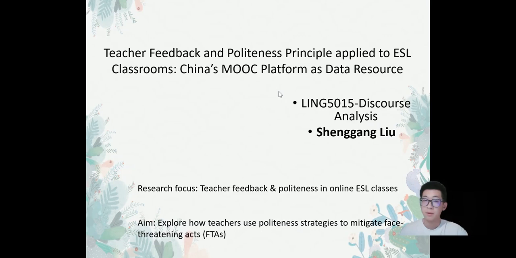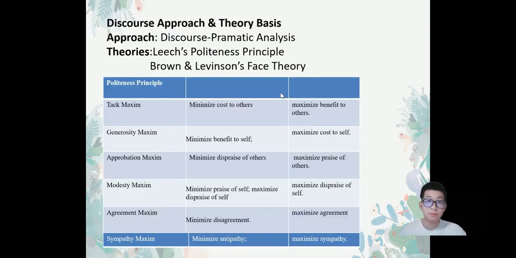So the first part, I'm going to introduce the discourse approach and theory basis. The approach is discursive pragmatic analysis, and I have two theories. The first one is Leech's Politeness Principle and the second is Brown and Levinson's face theory.